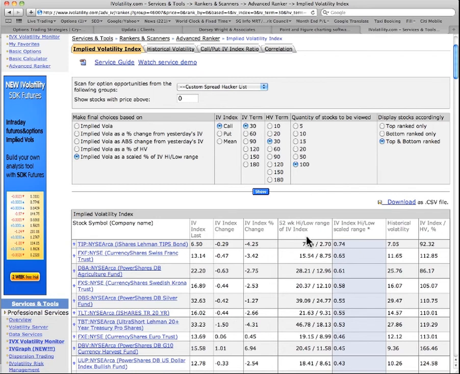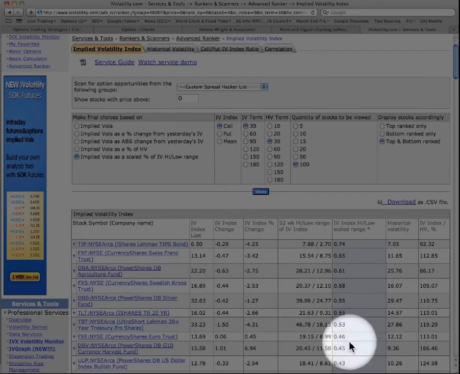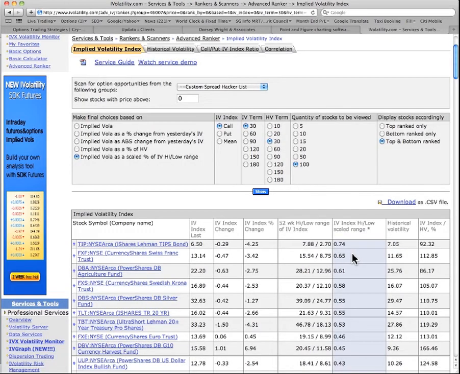What it does then is it scales it within a range of 0 to +1, with 0 indicating that a new volatility low has been set, while a maximum reading of +1 means that a new high in volatility has been established.